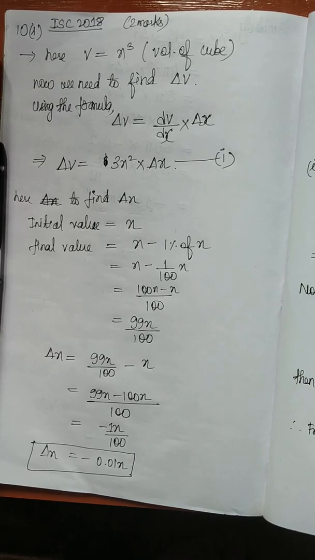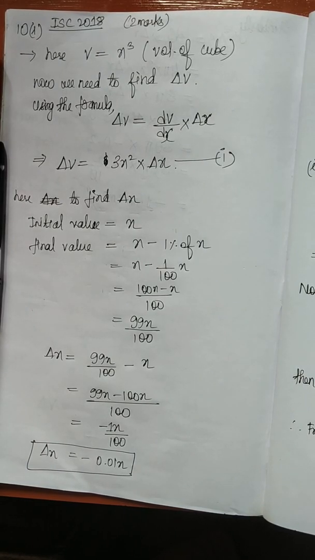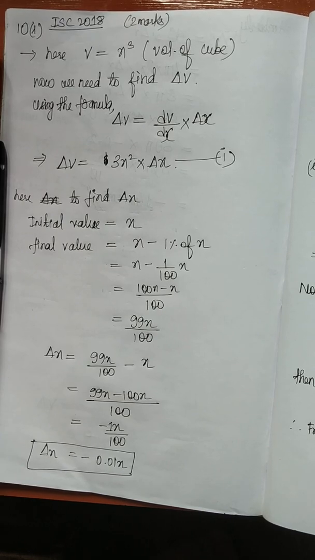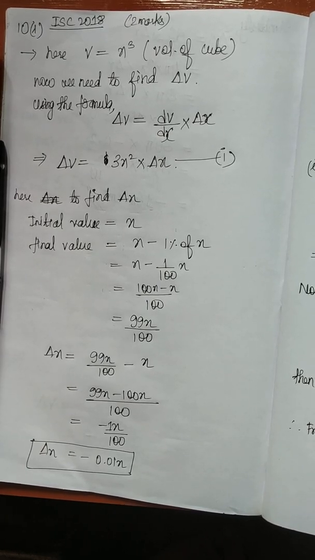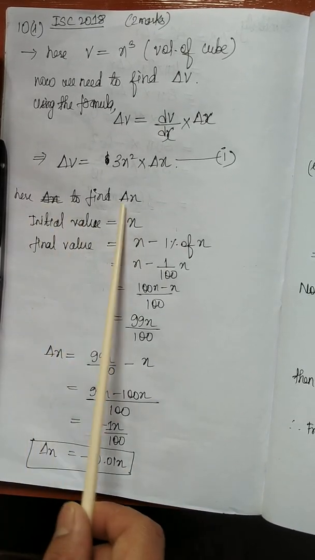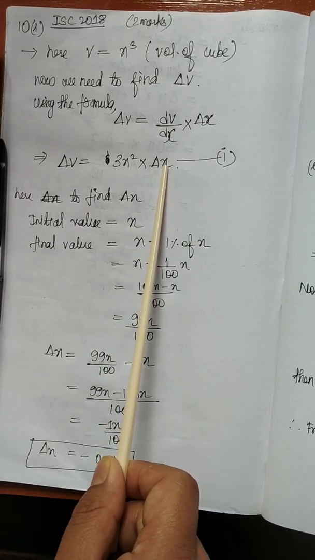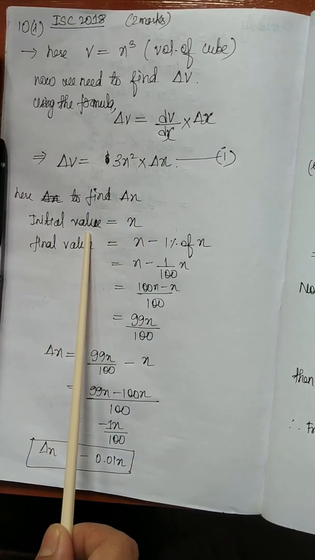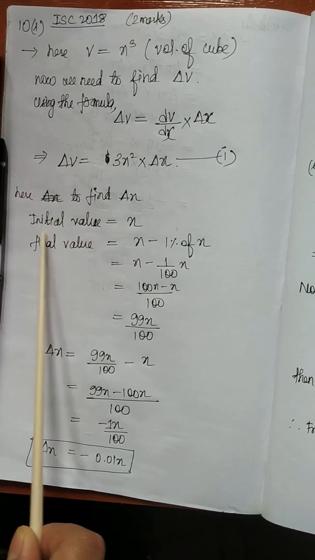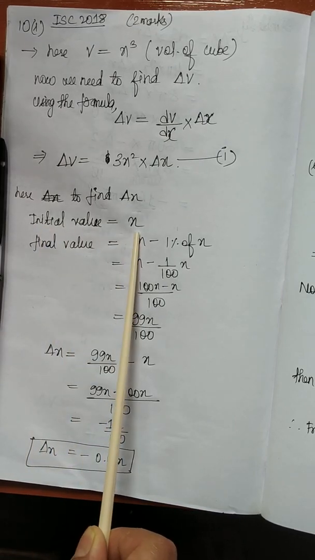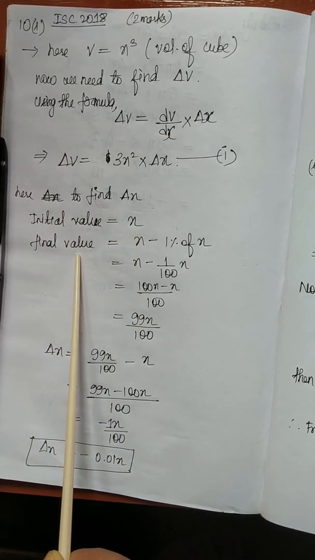If you read the question, the approximate change in the volume of a cube of side x meter caused by decreasing the side by 1%. So initially we need to find delta x. In equation number 1, the initial side was x, and now it has been decreased.